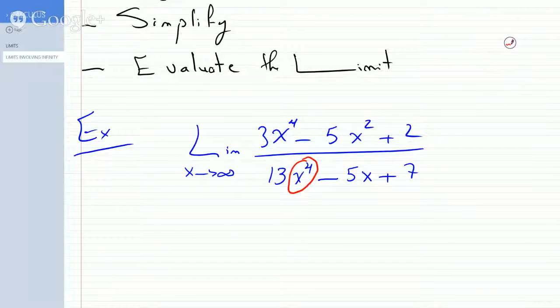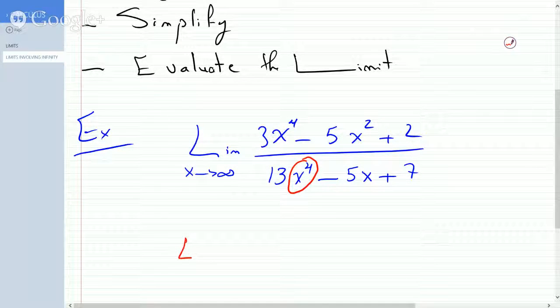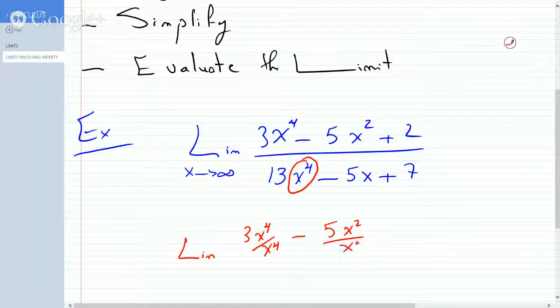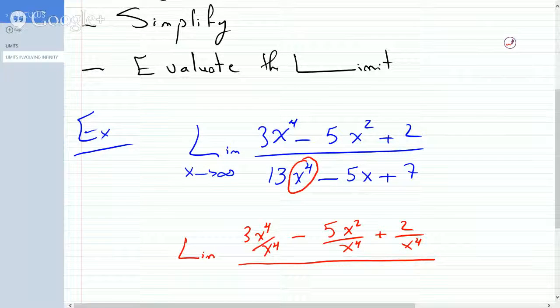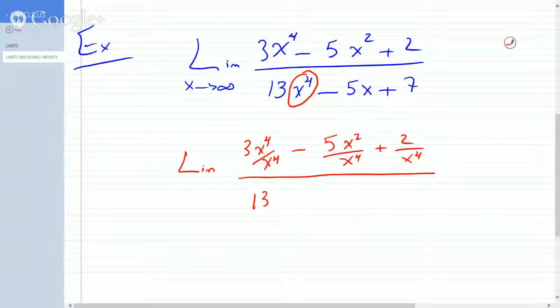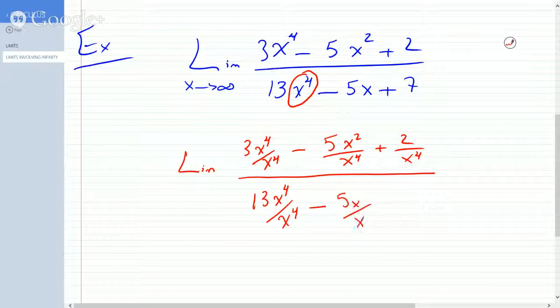We get the limit of 3x to the 4 over x to the 4 minus 5x squared over x to the 4 plus 2 over x to the 4, divided by 13x to the 4 over x to the 4 minus 5x over x to the 4, as x goes to infinity. I know it looks like a lot, but it will simplify greatly. It's not hard.